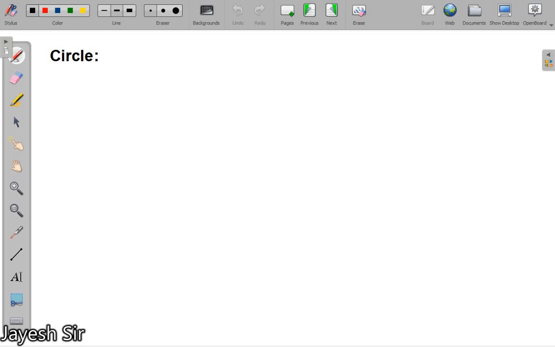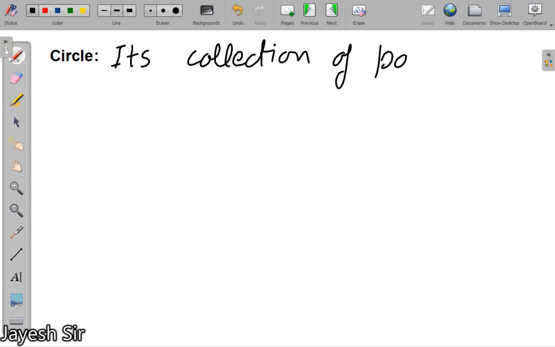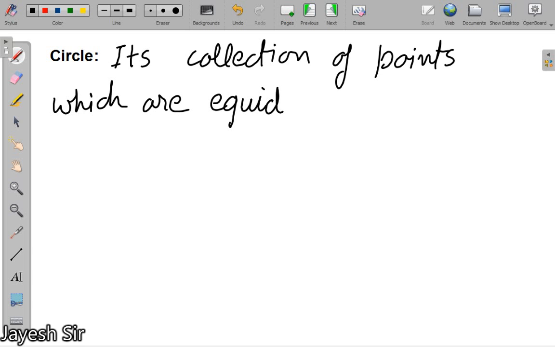What is a circle? It is a collection of points which are equidistant from the same point.